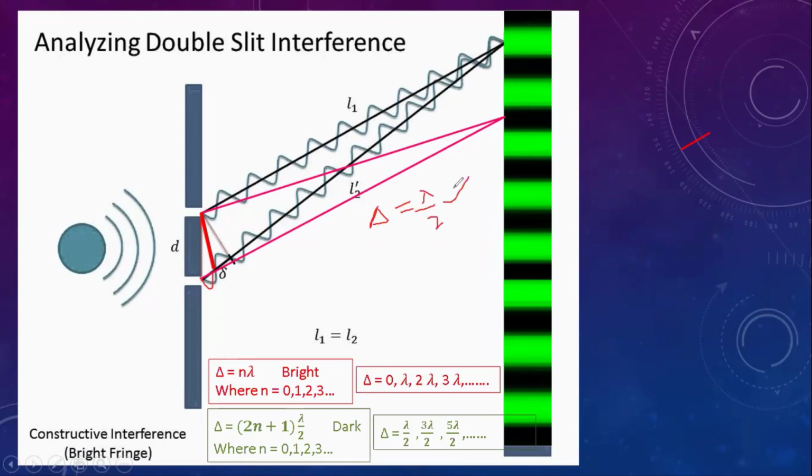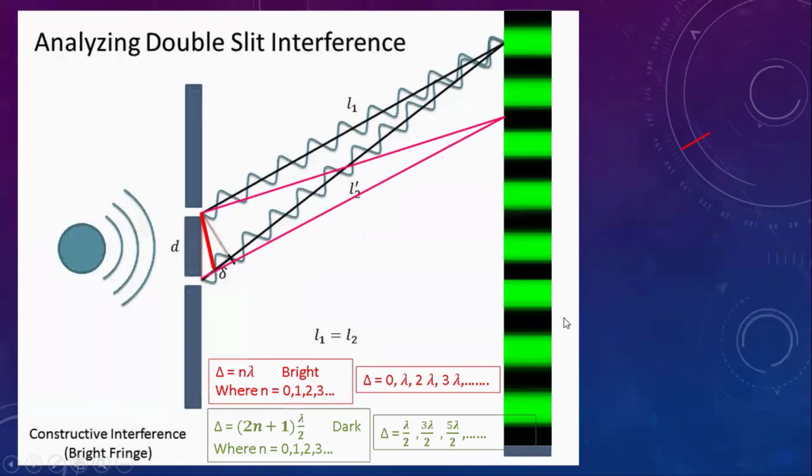Delta is equal to lambda by 2 is the condition for the dark. So there dark fringe will form. Like this, we can estimate on a screen whether it is bright or dark.